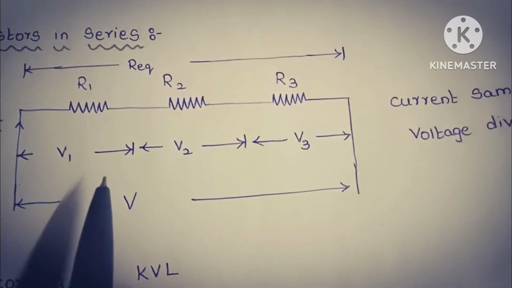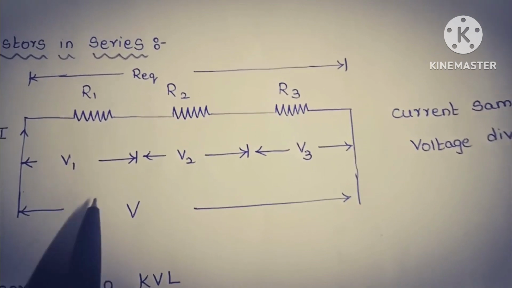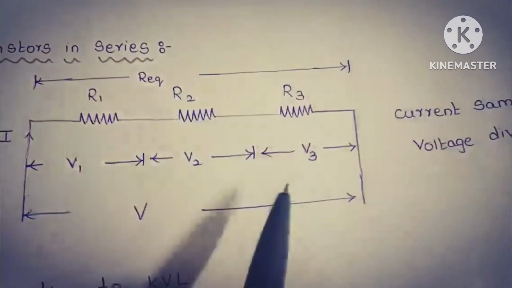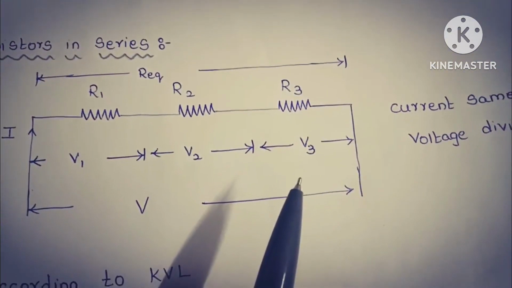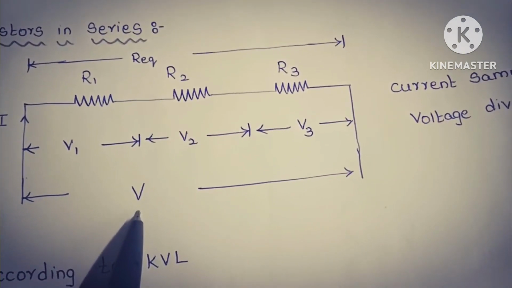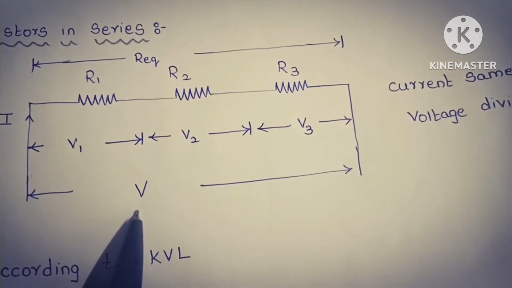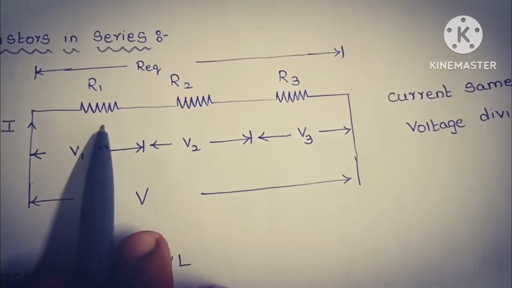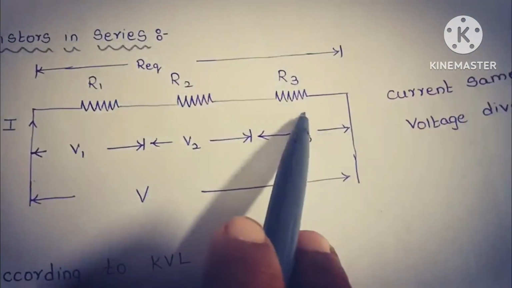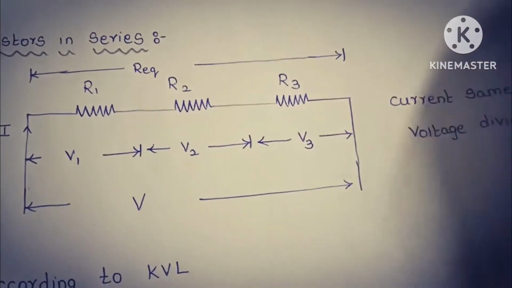Or we can also say that the sum of voltage rises is equal to the sum of voltage drops. So here the voltage given from the source is taken as the voltage rise and the voltage across the resistors is taken as voltage drops.